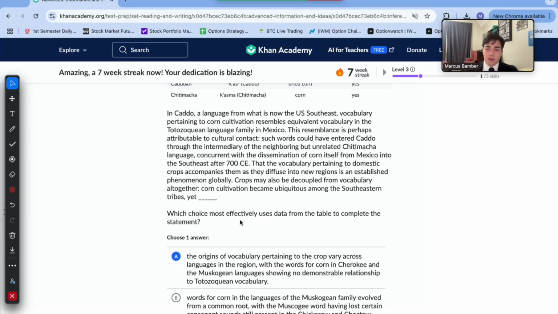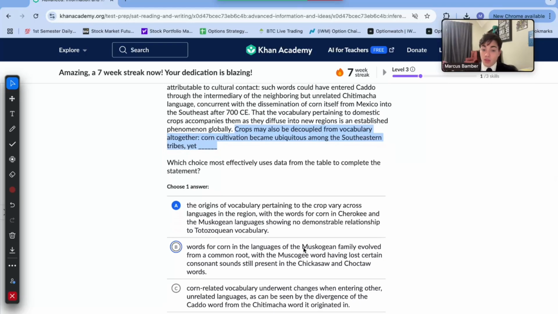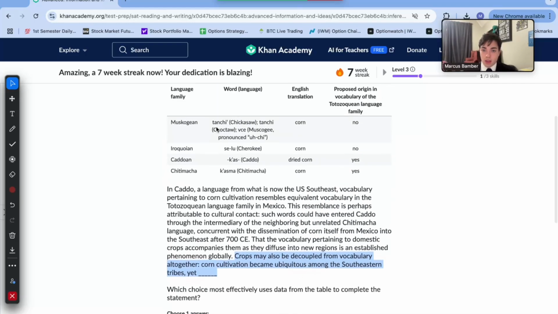This answer choice pretty much explains it all, saying that even though corn usually disseminates with its vocabulary, we can see obviously here that the vocabulary has been decoupled from the corn, because some of these southeastern tribes, such as the Cherokee and the Chickasaw and equivalent tribes, don't show any relationship, as we see with their difference in words.